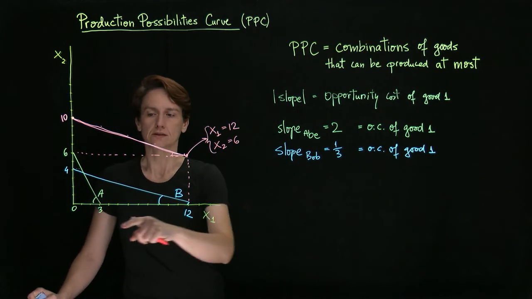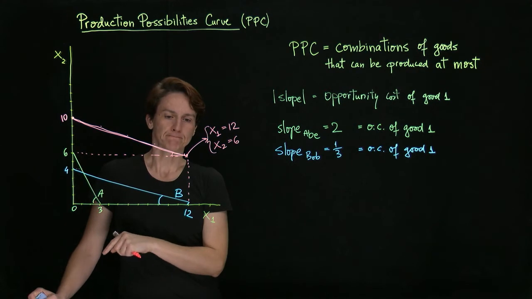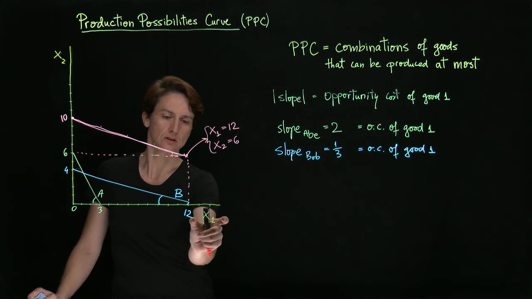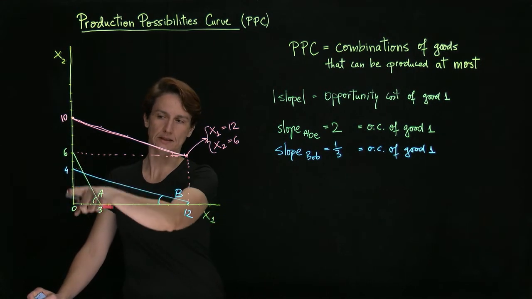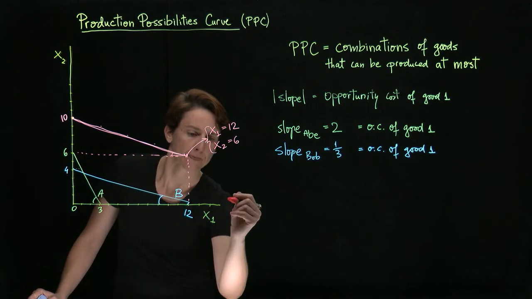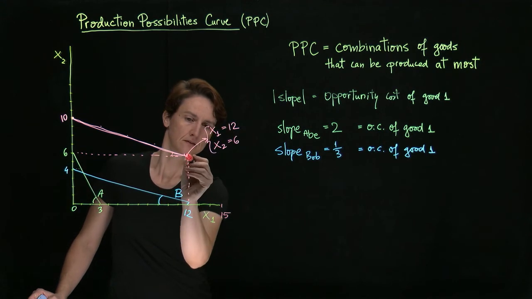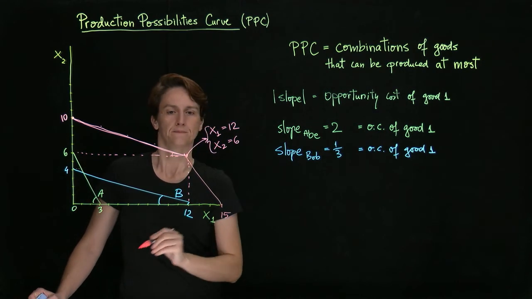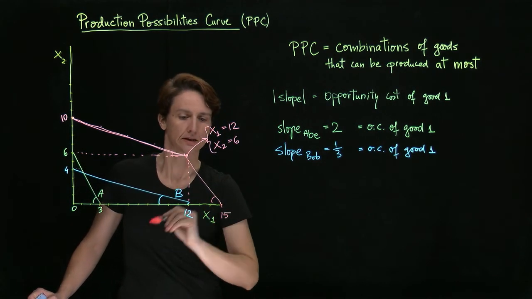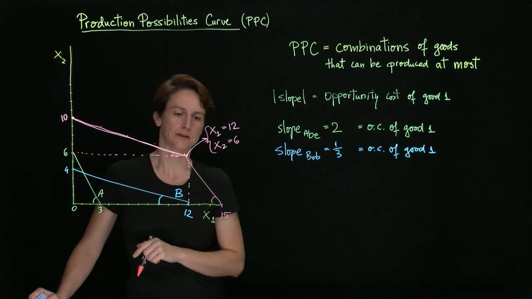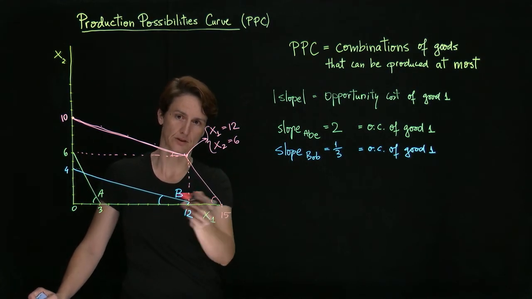If we need more of good 1, then Abe is going to have to step in. He'll be able to make at most 3 units, and to do so, he'll have to stop making any of good 2. So that will bring us to 15 here. And so this slope is the slope of Abe's PPC, and it reflects his opportunity cost.